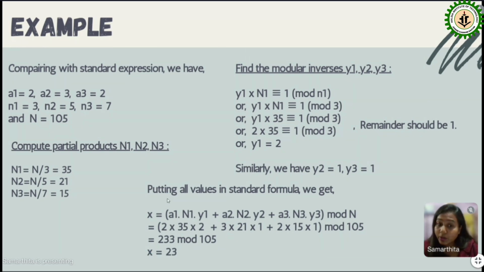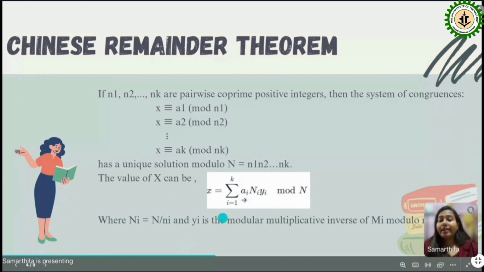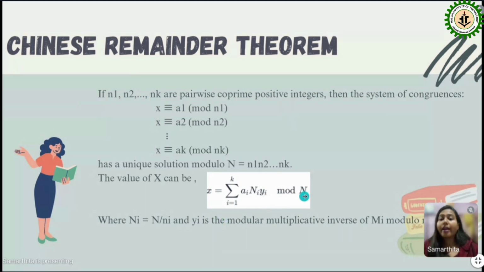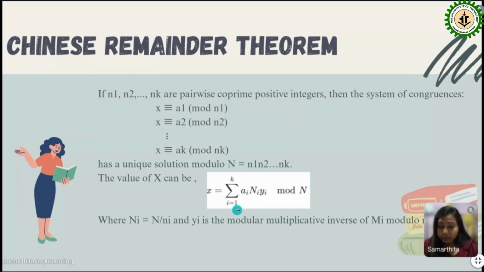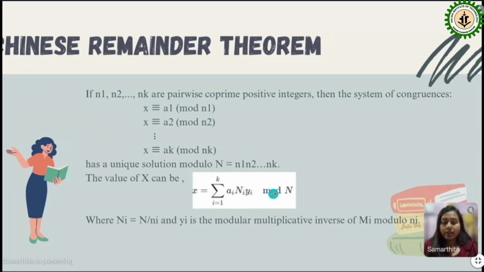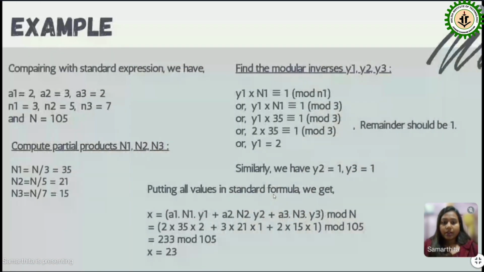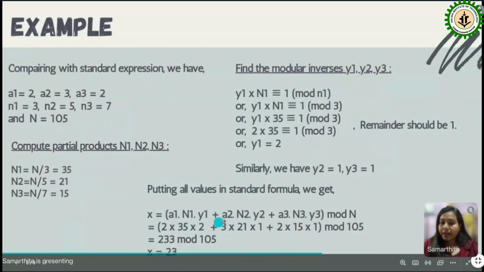And what was the required formula? x equals summation I equals 1 to k, ai, capital Ni, small yi, mod capital N. Here k is 3, so we start from I equals 1 to 3, that is a1, capital N1, y1, up to a3, N3, y3, mod N. Just put in the respective values, and after calculation we get 233 mod 105.